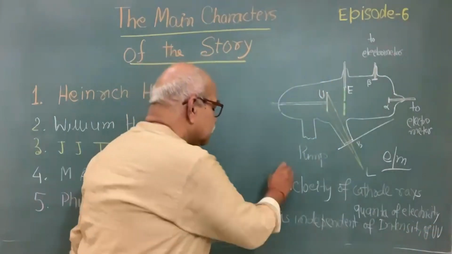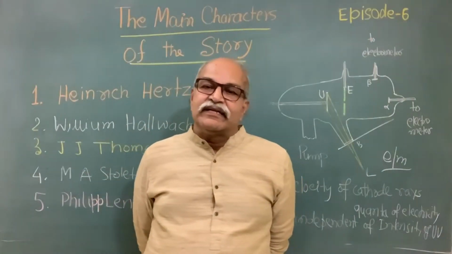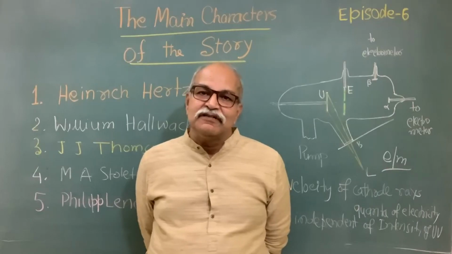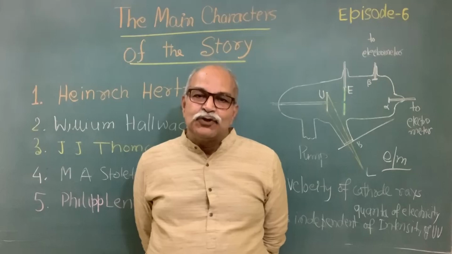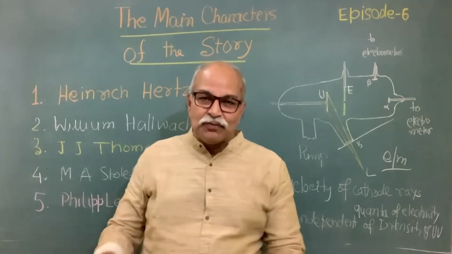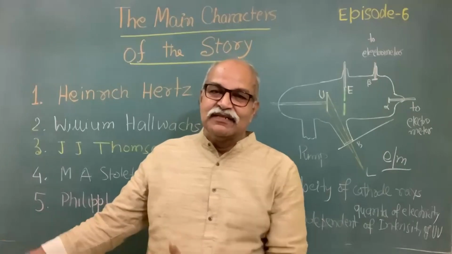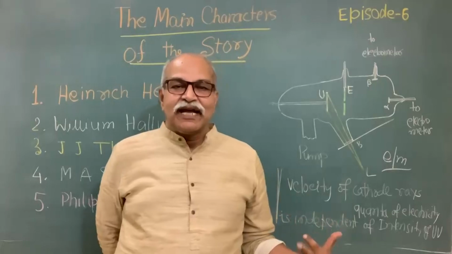So this is a very, very important result, and that creates a lot of speculation, because this is 1902 and the wave theory was very well established. We will talk more about this wave theory and things related to light after this lecture perhaps.